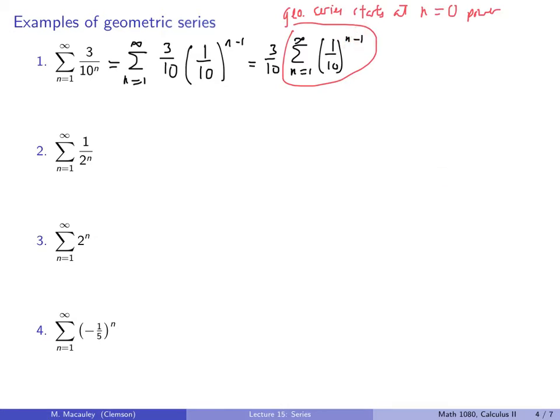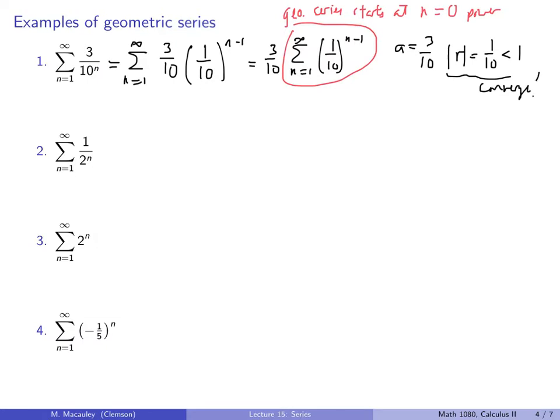So when n is 1, n minus 1 is 0. So using our formula, if you prefer, you can say this a, our constant, is going to be 3/10. The absolute value of r is 1/10, which is less than 1. So we know our series is going to converge.